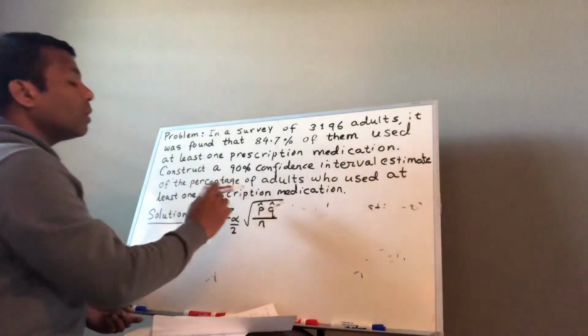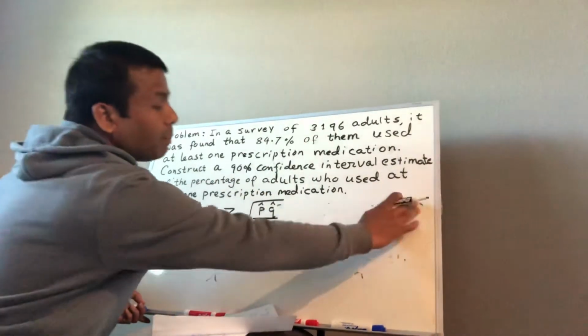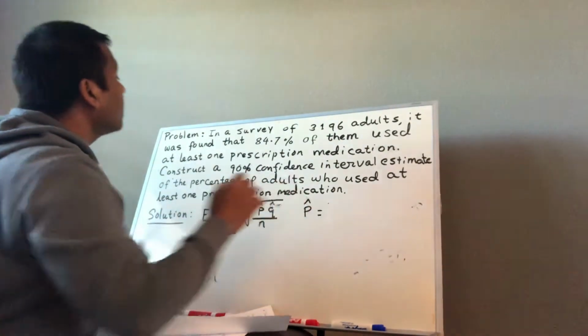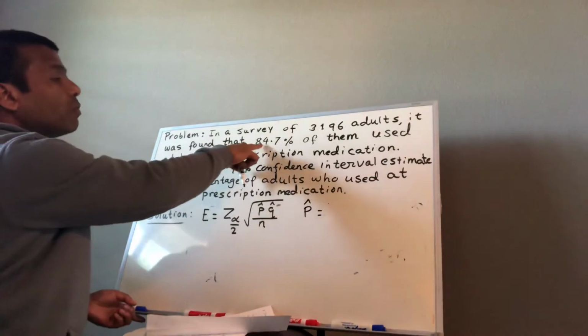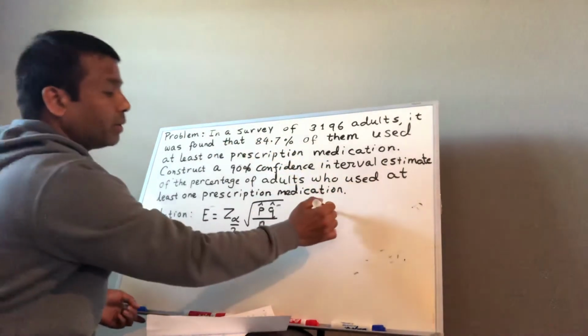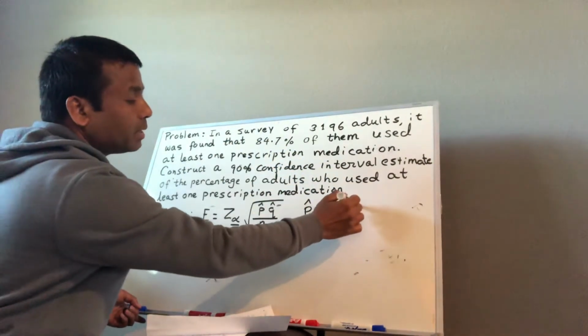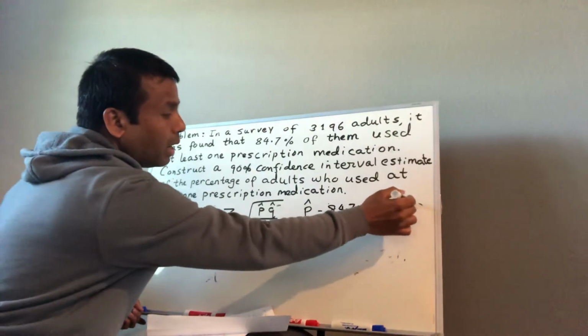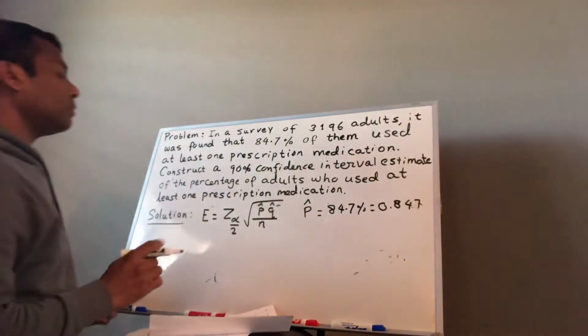And you know this sample proportion, p hat, is 84.7%, which is 0.847.